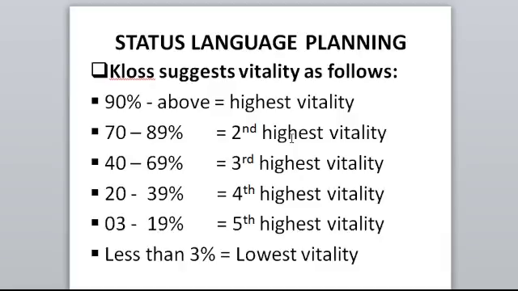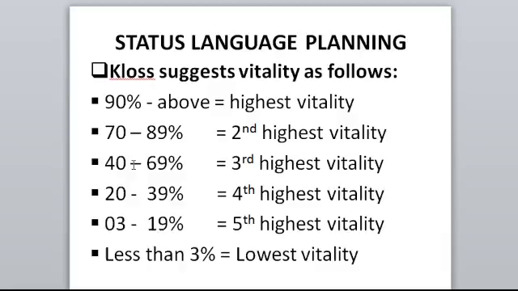Let's look at Close's suggestions of vitality, and it goes as follows. On the table here, 90% and above represents the highest vitality. 70 to 89% represents the second highest vitality.